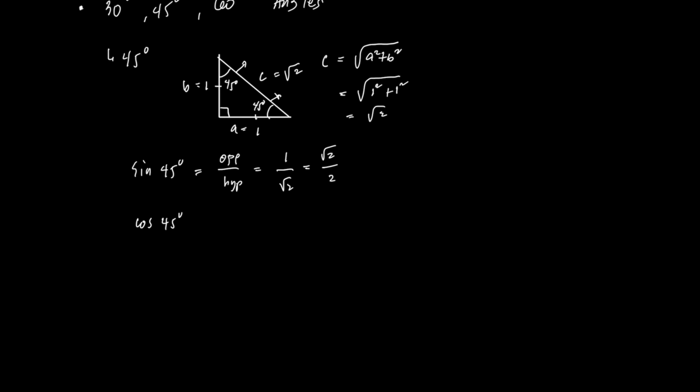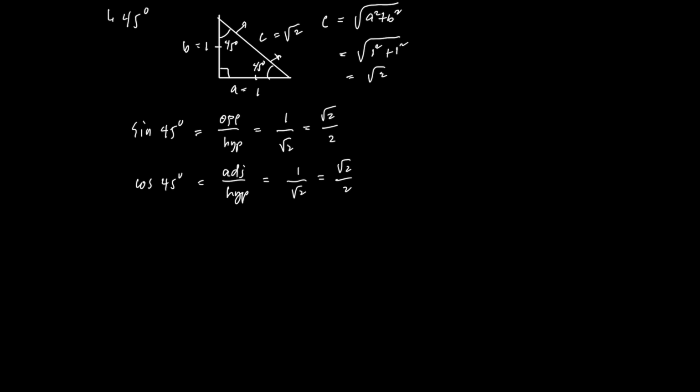For the cos 45 degrees, we have the adjacent side over the hypotenuse, and the adjacent side is 1 and the hypotenuse is square root of 2. So this is square root of 2 over 2 after rationalizing.